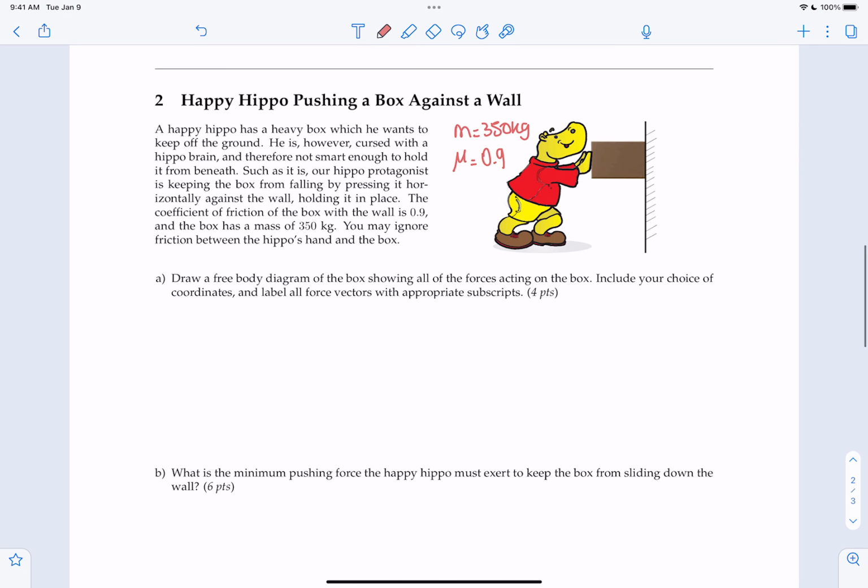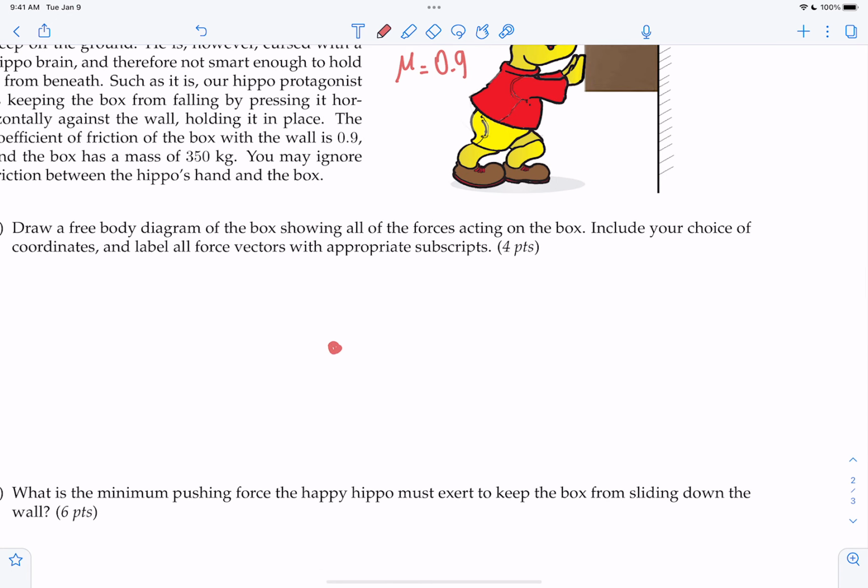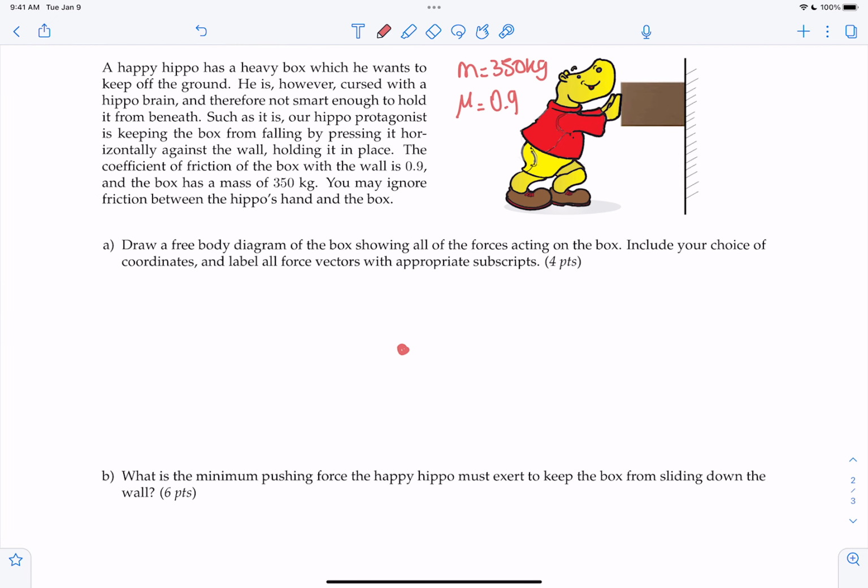When we're drawing our free body diagram, it says show all the forces acting on the box, include your choice of coordinates. Once again, you have to include your choice of coordinates. If it's tilted, say tilted. If it's on an incline, say so. If it's normal, you just say normal coordinates. And label all force vectors with appropriate subscripts. So we have this free body diagram here. Anyone want to suggest which forces are acting in the y or x direction?